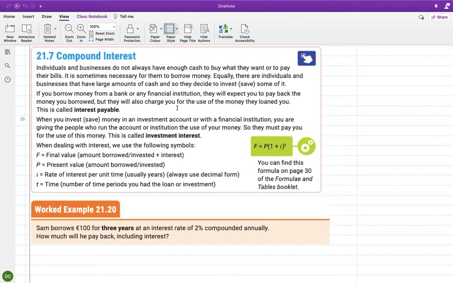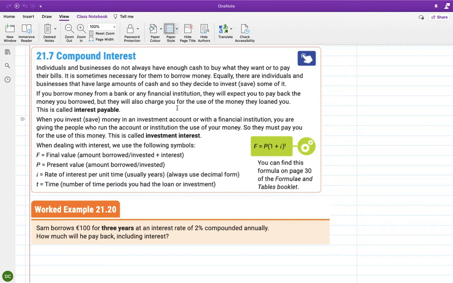Let's say I have a spare 10,000 euro. I don't have a spare 10,000 euro, but let's say I do. And I decide to put that 10,000 euro into the bank. So the bank now have my 10,000 euro. Everybody knows it's mine, but it's in the bank.